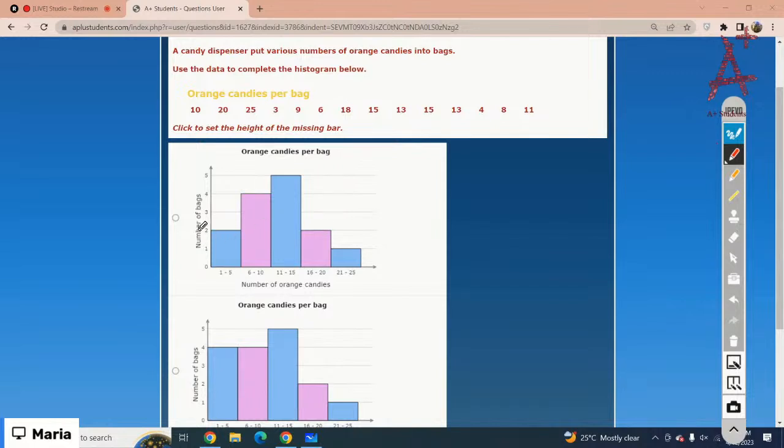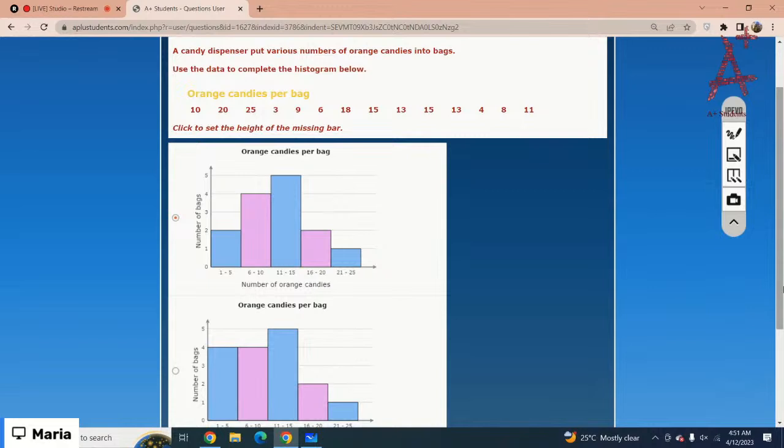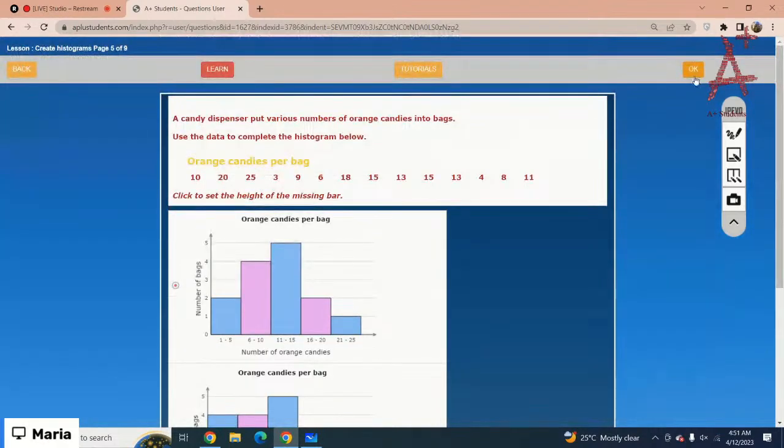See it matches with the 2. Then 21 to 25. Just one value from 21 to 25. So option number 1 is the correct option. Got it? So just select the correct option and click on the OK button.